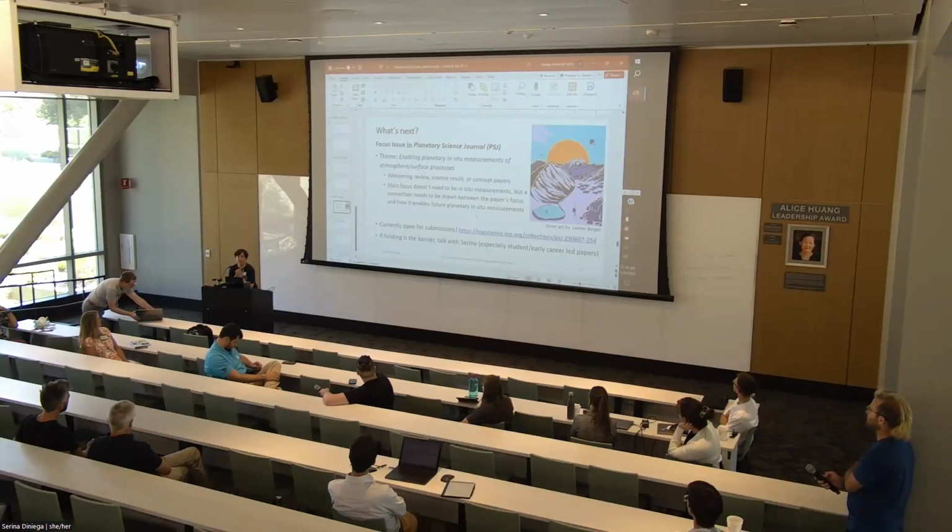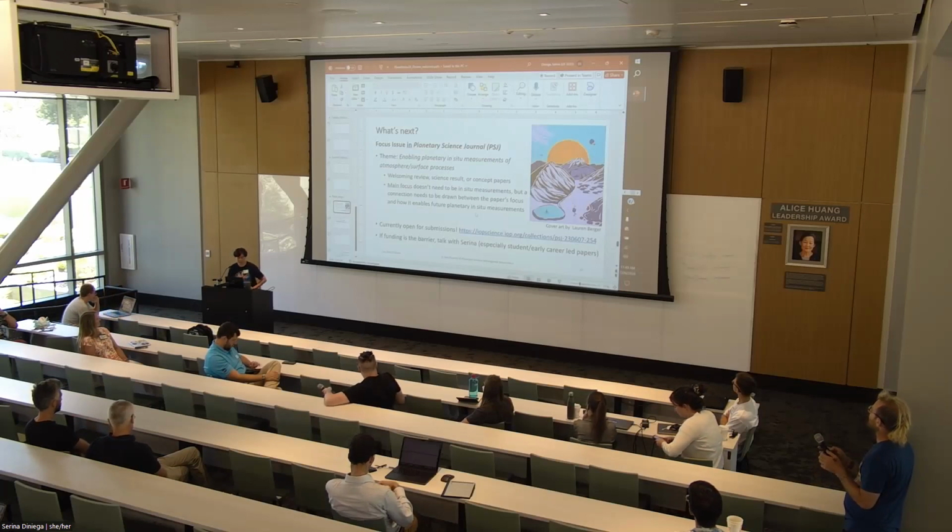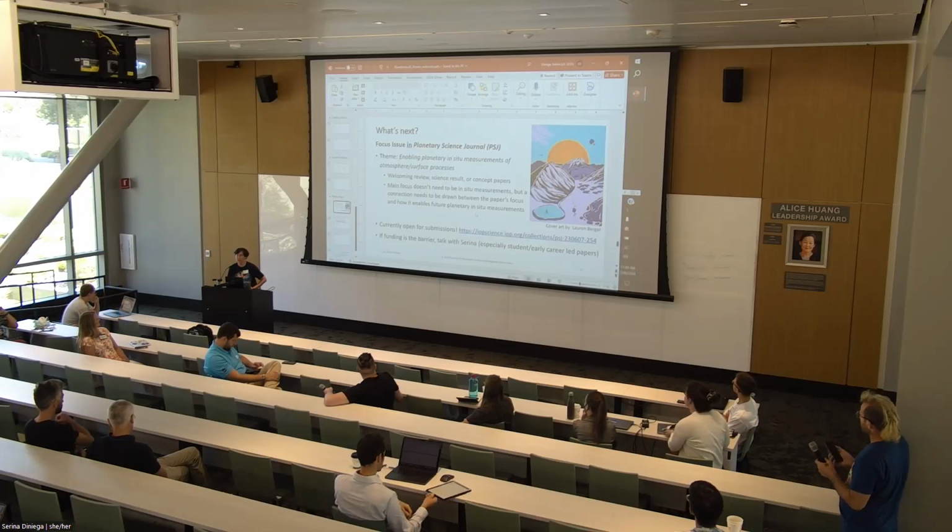through this series, we have a focus issue within the Planetary Science Journal where we welcome papers, anything having to do with enabling planetary in situ measurements. In this case, it is focused more on the active processes, but we welcome review, science result, or concept papers. The main focus doesn't have to be on making actual in situ measurements, but if you have something where you can tie it to it.